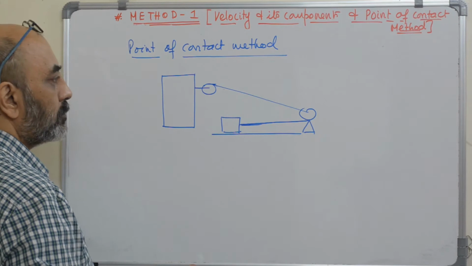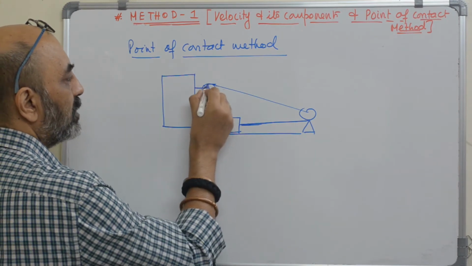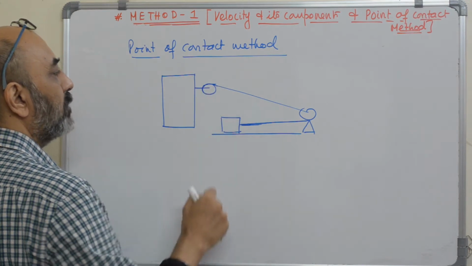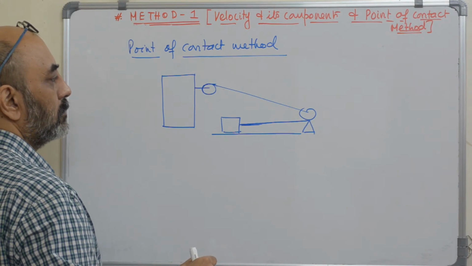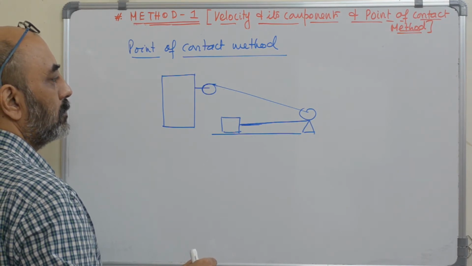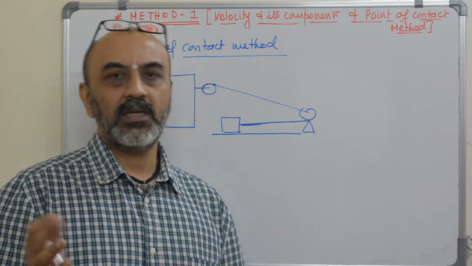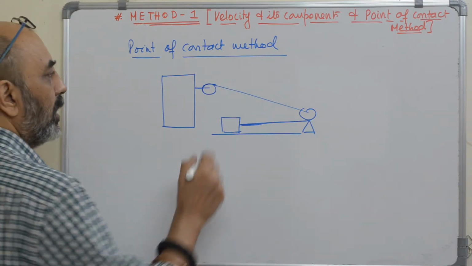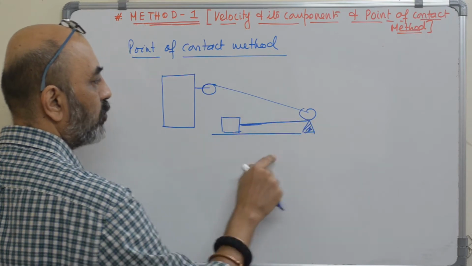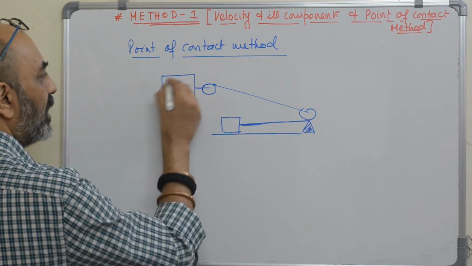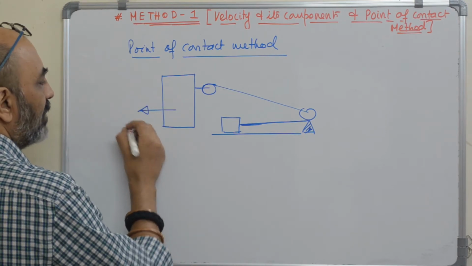So we have a block here, that is a pulley, and this pulley is actually wound over here completely. There is a little issue with the drawing, but it doesn't matter. You just understand the logic. Now this is a pulley, that is a pulley, it is fixed to a rigid support. This is not movable, this is a block, this can move. The idea is, you are moving this in that direction with some velocity, and let that velocity be 10 meter per second.